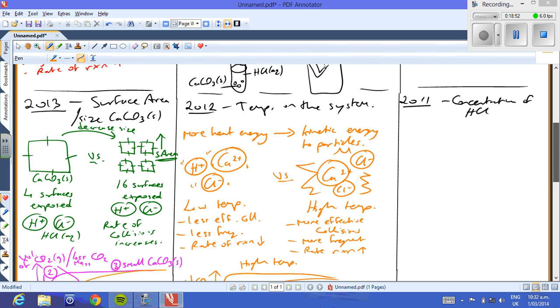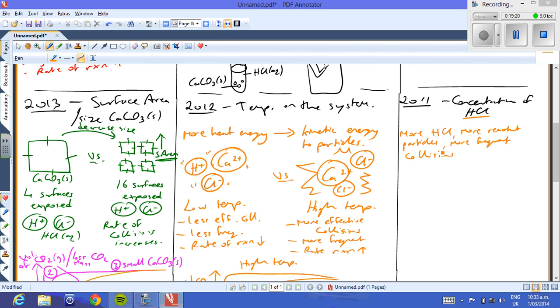The last concept we need to look at, and we'll actually teach this next week, but I decided to put it into the video here, was concentration of HCl acid. So if you have more HCl, you have more reactant particles, and therefore you have more frequent collisions.